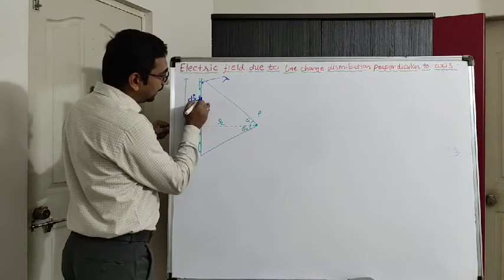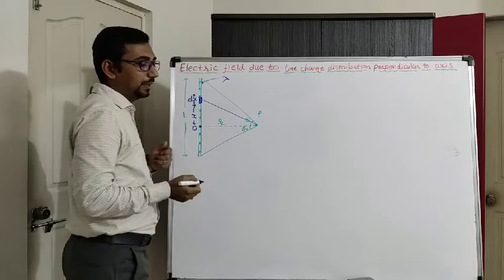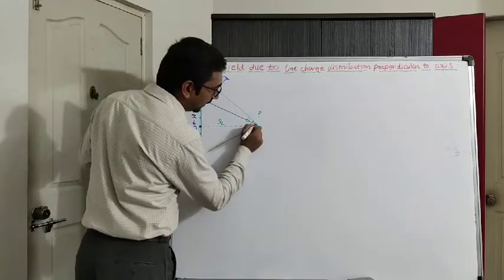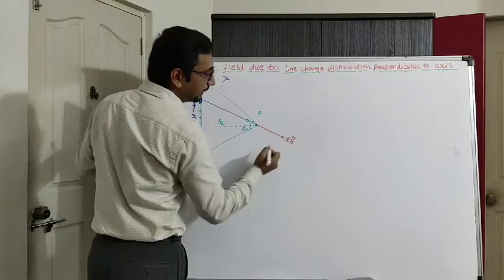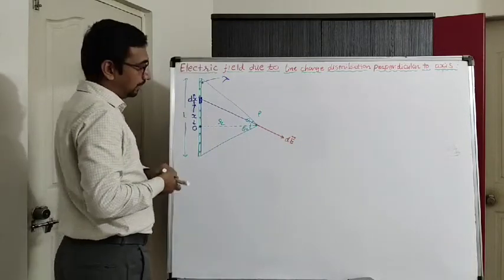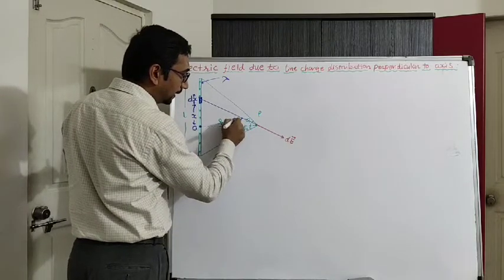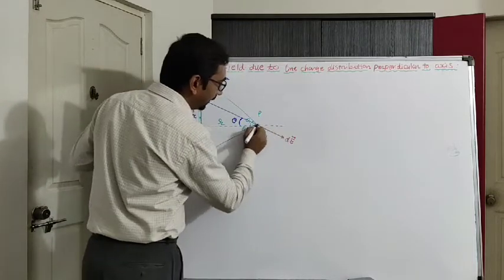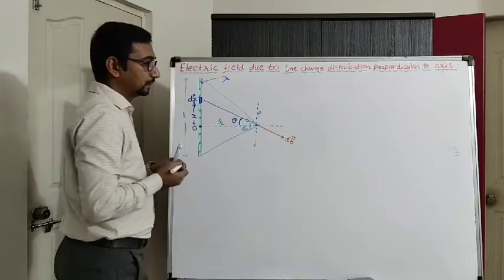Now the electric field due to this segment at point P will be in this direction. This electric field will be considered dE. If we take this particular angle as theta, then the electric field will be divided into two perpendicular components.